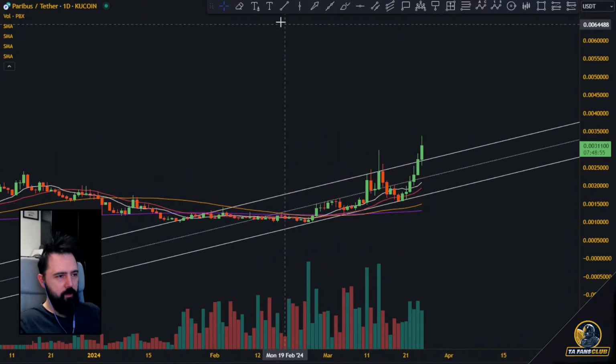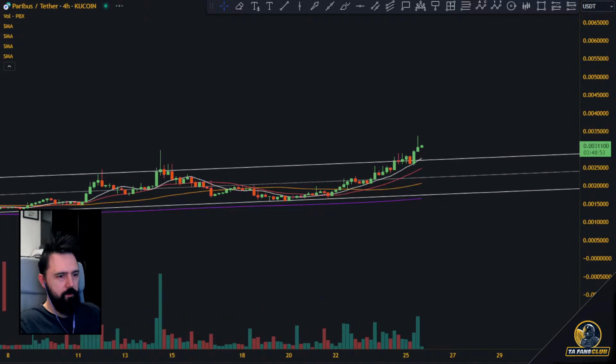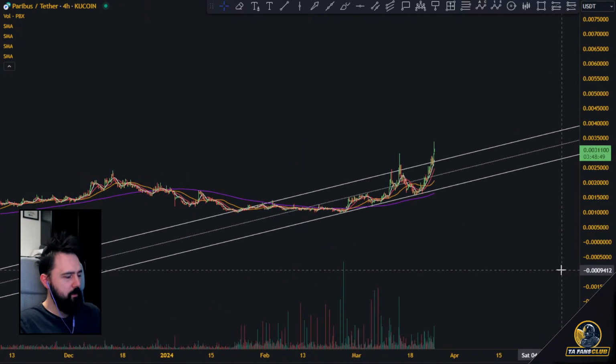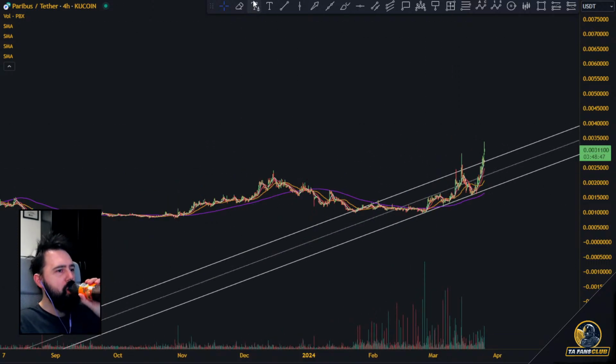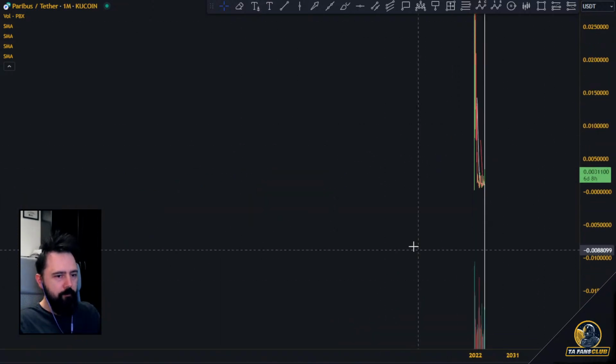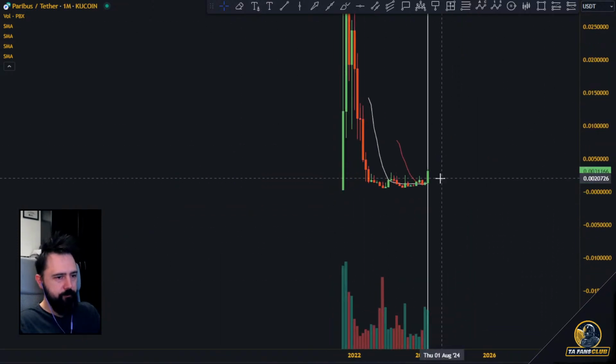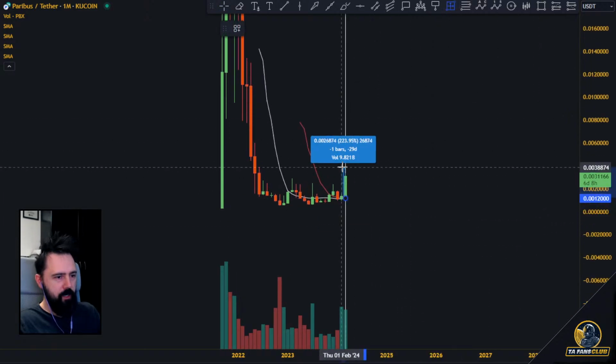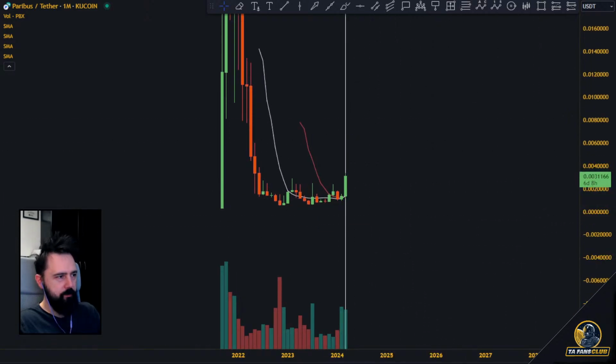Do I see it's already going though? This looks good though. But on the monthly time frame, it's already up something like 180%.